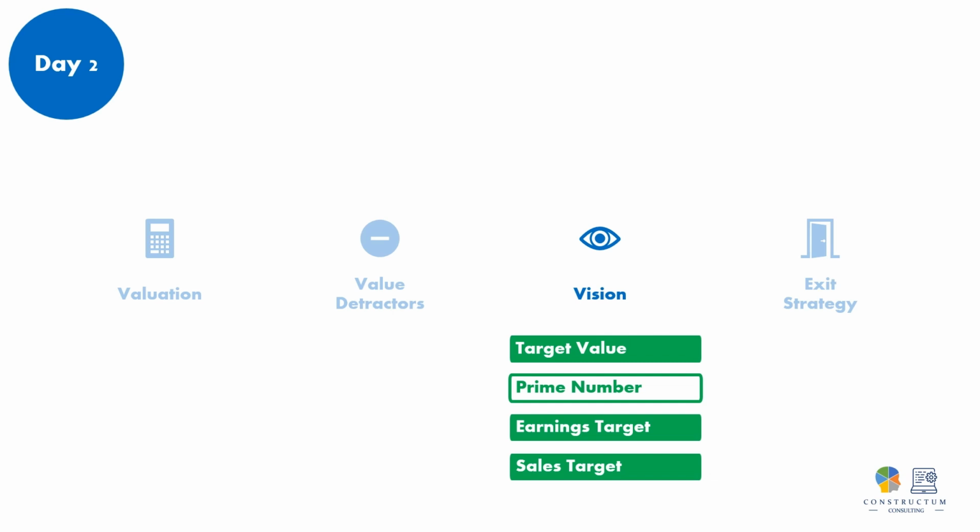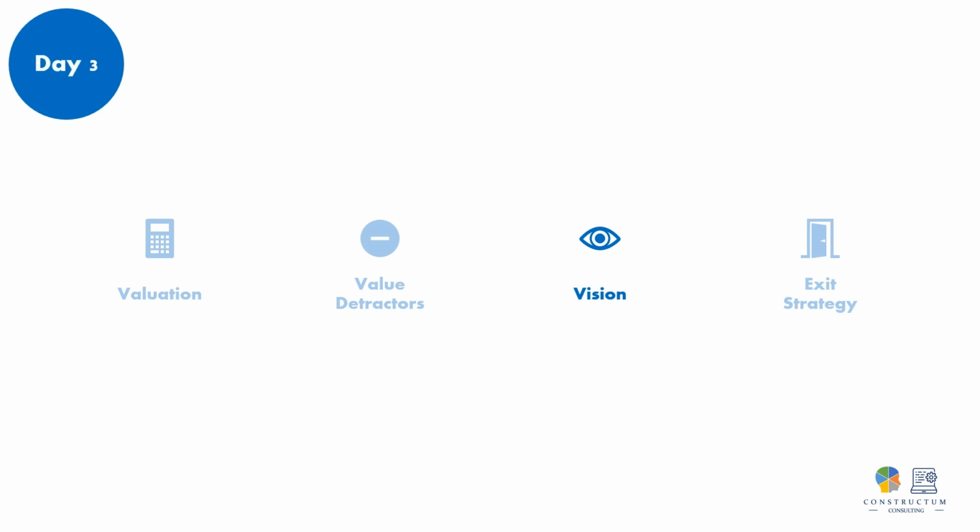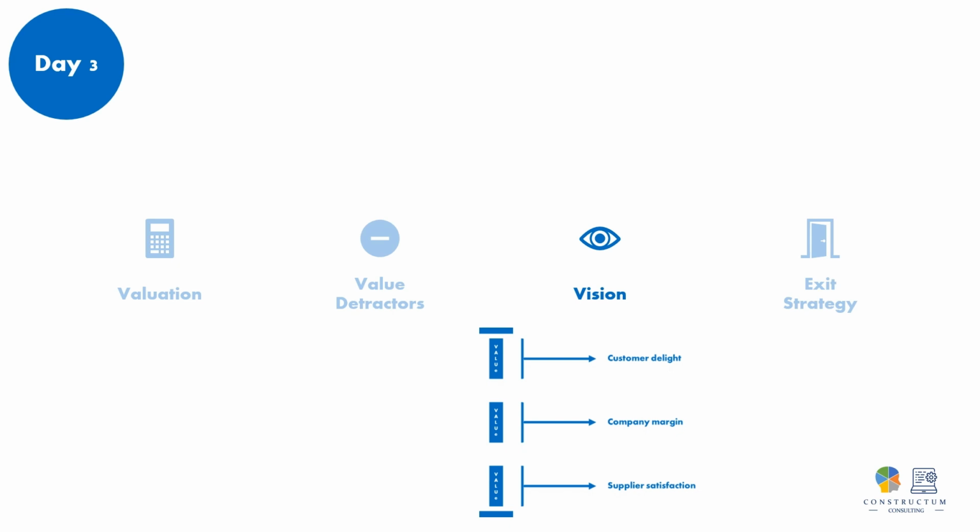We then envisioned what the business needs to look like in terms of people, processes, and policies in 3 to 5 years for it to achieve the revenue and sales targets. Now, on day 3, we must formulate the business's value proposition.